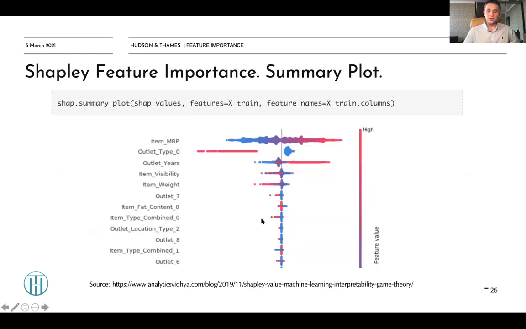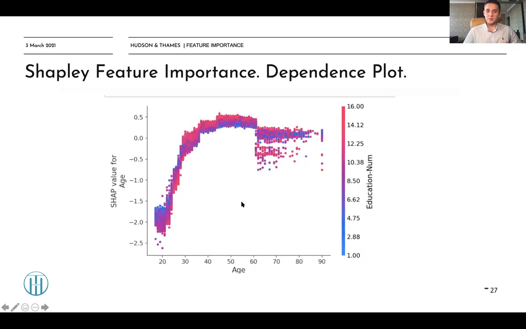The next plot, as we have discussed, is the so-called summary plot, and it basically shows us how the prediction of our model varies from low prediction to high prediction based on various values of our features. But what I personally find is that the dependence plot is the most informative in Shapley feature importance.